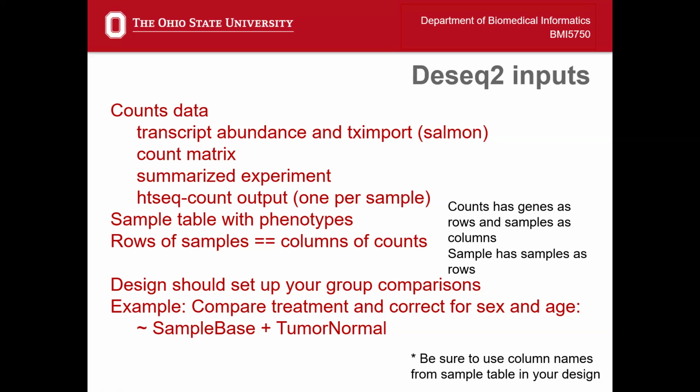If you have that for all of your patients, you could set up this paired analysis where you tell the statistical test which sample-based column to pair these samples on. So it will take that into account when it does the statistical test and correct for that redundancy, knowing that this tumor and this normal came from the same patient.